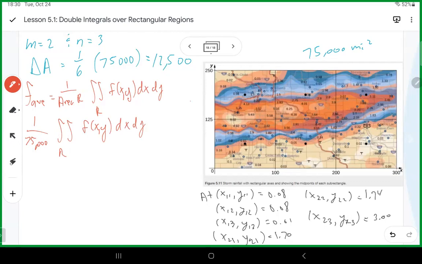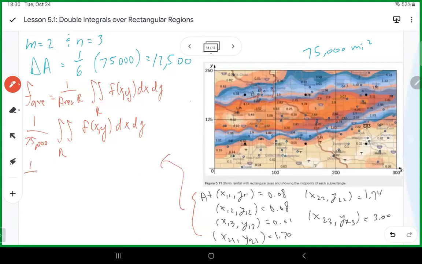I'm going to try to do this in a way that you'll understand what's going on, but also not have to write all of these steps. We're going to use what we just found for our rainfalls. I'm going to bring them over.